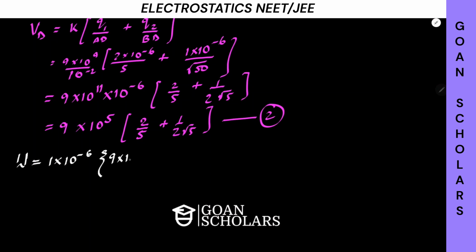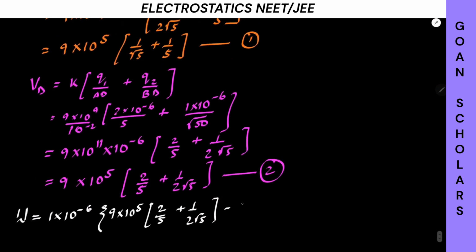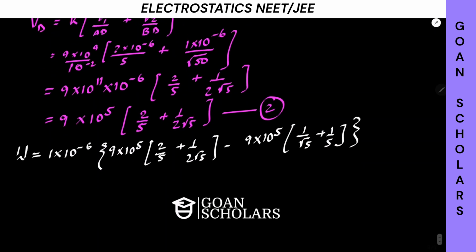VD is 9 into 10 to the power 5, 2 by 5 plus 1 by 2 root 5, minus VC. Let's go to equation 1, which is 9 into 10 to the power 5, 1 by root 5 plus 1 by 5, correct? This is our final equation which you have to solve.